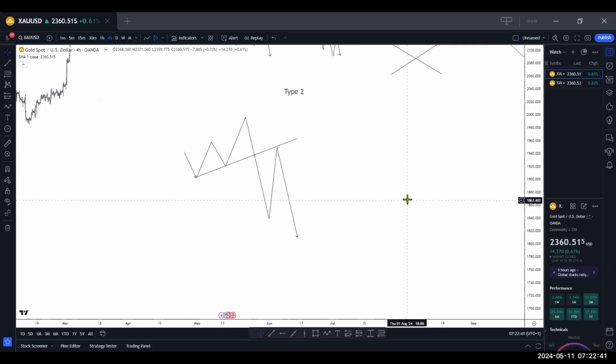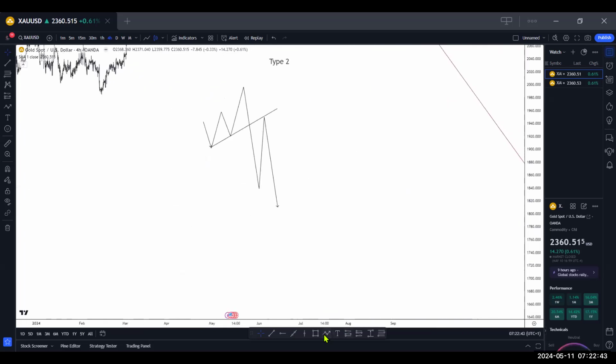Okay, for the buy scenario, we have price selling, then retrace, then entry.